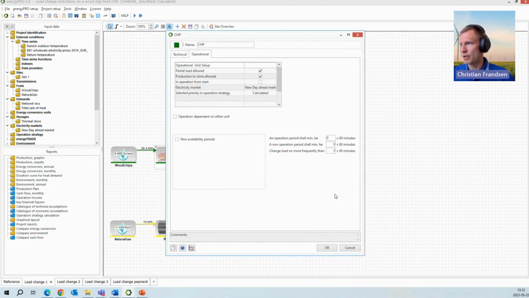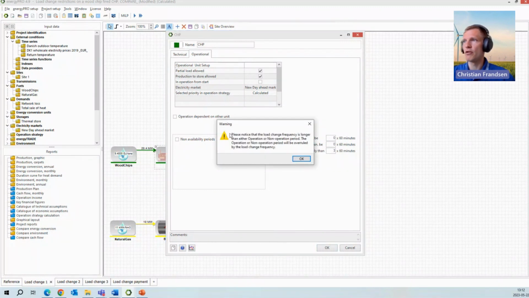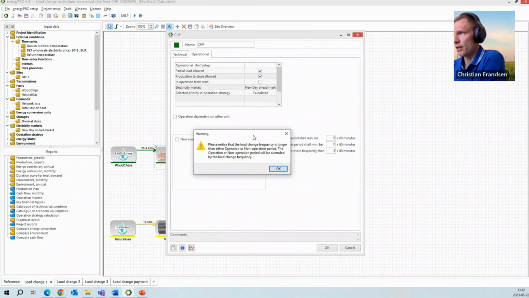So this is also why we get, when we put 0 and 0 here, we get this notification that the load change frequency is longer than these minimum and non operational periods. So these will be overruled by this one.